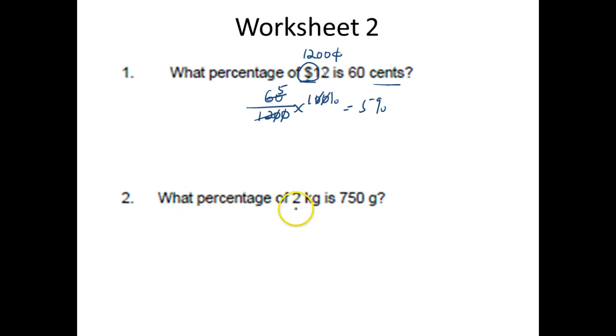What percentage of 2 kilogram is 750 gram? So 2 kilogram is my 100%. First, I must change my unit to the same. So 2 kilogram will be 2,000 gram. So I take 750 out of my 2,000 times my 100%.